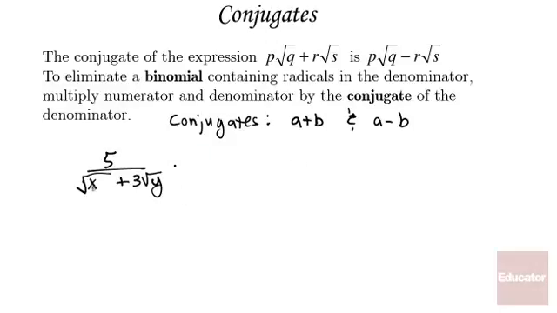So I know that if I have the square root of x plus 3 square root of y, the conjugate is going to be the square root of x minus 3 square root of y.